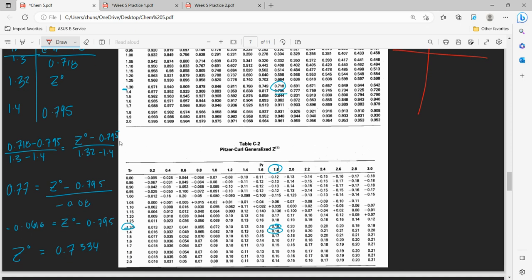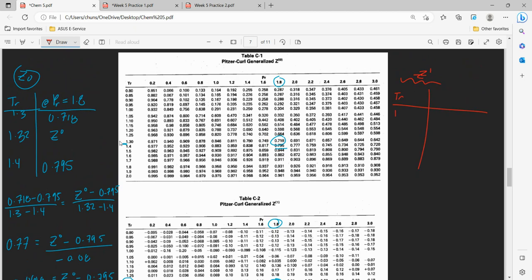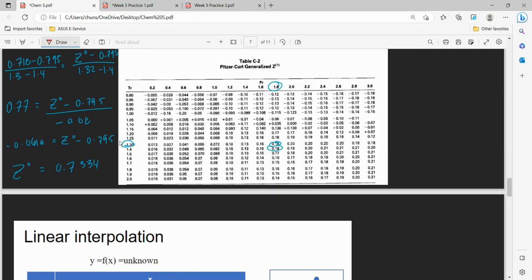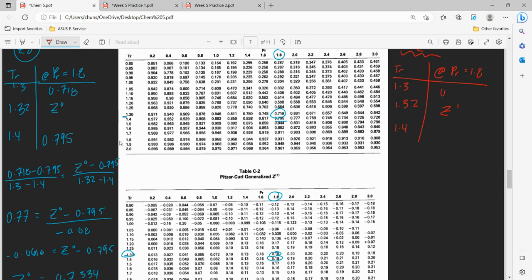We are again in between 1.3 and 1.4, and at our reduced temperature, we're going to set 1 this time. Both are 0.18. So we're going to do the same thing. Okay, so let's do this point minus this point. So this is 0.18.